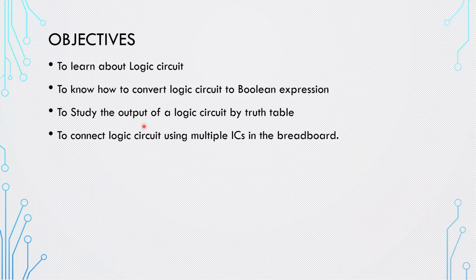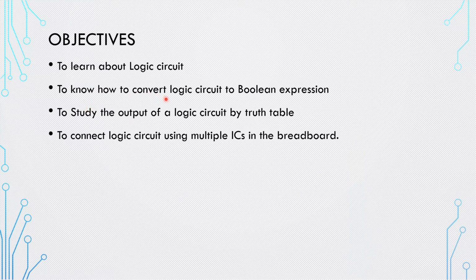So this is our objective. First of all, to learn about logic circuits in general, what we mean by them, how to connect them, how to identify the symbols on them, and how to distinguish the number of inputs and the number of outputs.